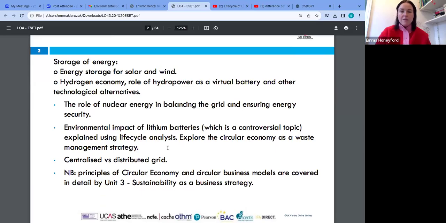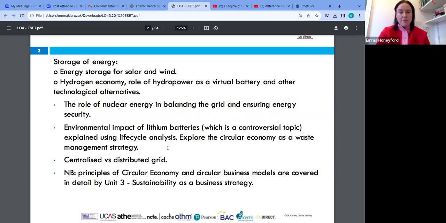So we'll look at the environmental impact of lithium batteries, which is a controversial topic, and we'll explain how we can use life cycle analysis as a methodology to predict potential controversial impacts when we look to use the lithium batteries. And we'll explore the circular economy as a waste management strategy.